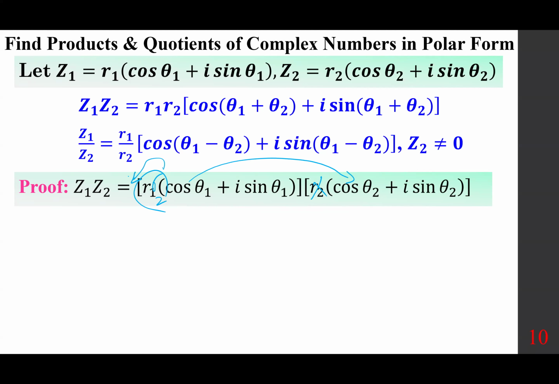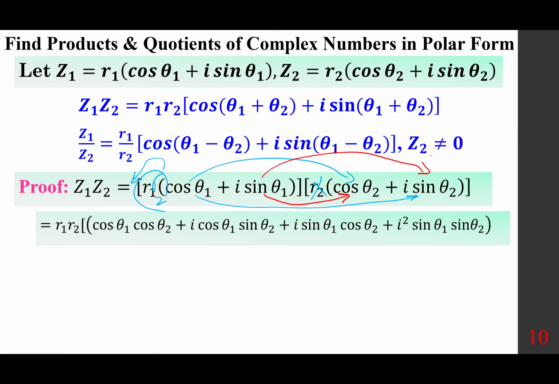And now, so cosine theta 1, cosine theta 2, plus I cosine theta 1 sine theta 2, plus I sine theta 1 cosine theta 2, plus I squared sine theta 1 sine theta 2.